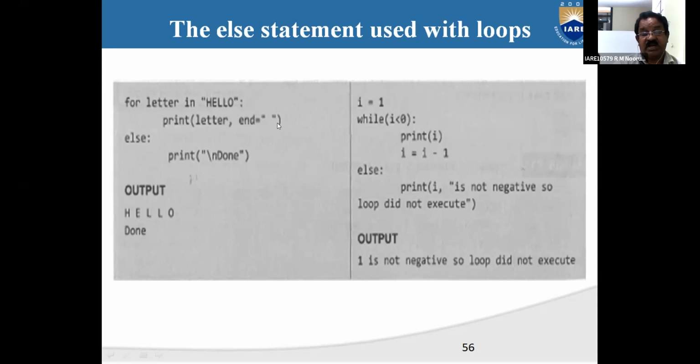Since you have made use of end, it's going to write on the same line. After completion of this particular loop, it comes to the else part, and whatever block of statements you have written there are going to be executed. That's the difference between the usage of the else block within the iterative statements for and while.